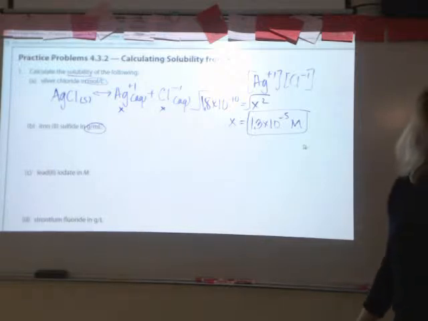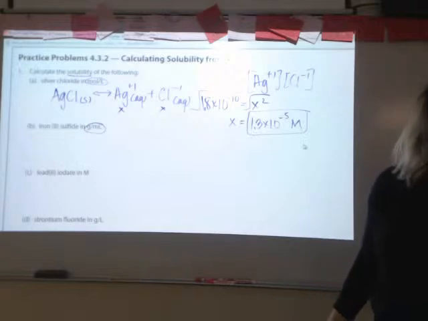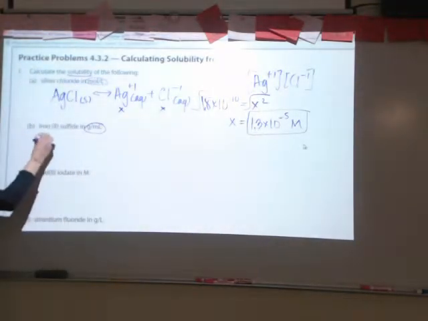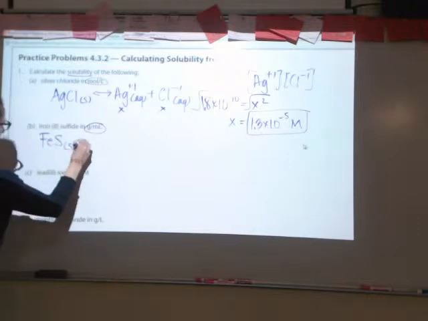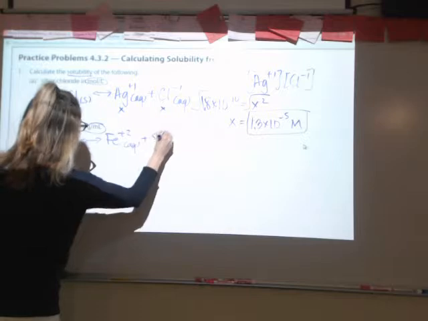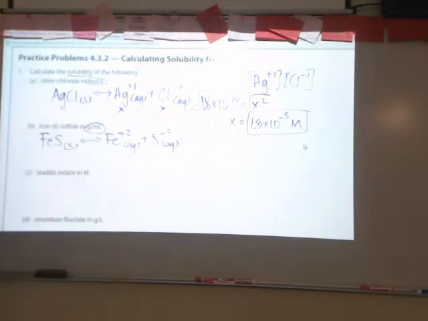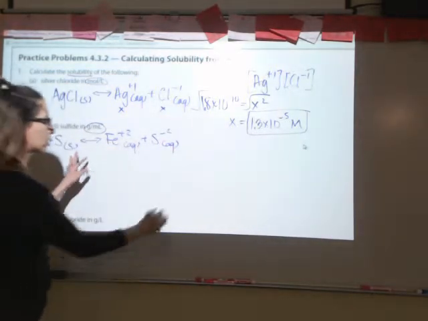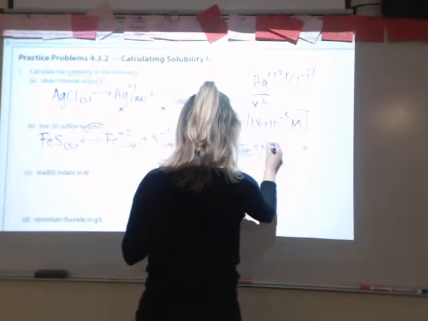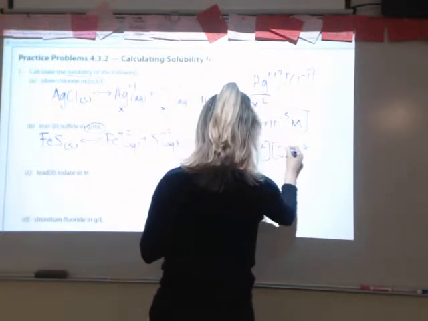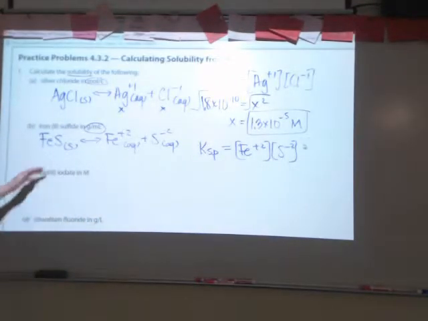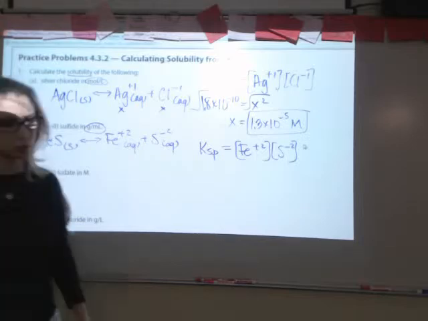I'm going to do one more practice problem and then we're done. If you're looking at iron 2 sulfide, which is FeS, you're going to have an iron 2 ion and a sulfide ion. The Ksp expression is Fe plus 2 times S minus 2. I look back at the table for the Ksp value for iron 2 sulfide.